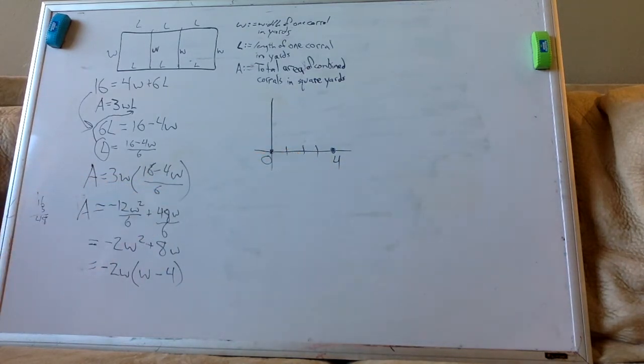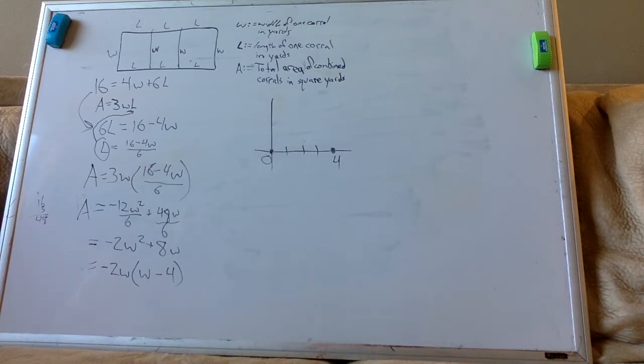So a few things to note. I know that parabolas are symmetric, so I can already tell that I'm going to get 2 for the x value of my vertex. But let's go ahead and do this algebraically. I'm going to start with this form, and I'm going to complete the square.